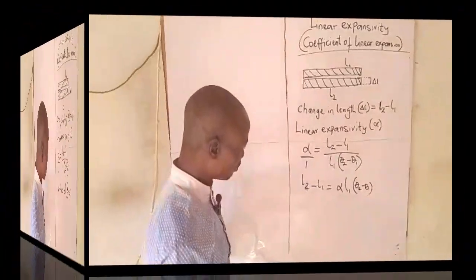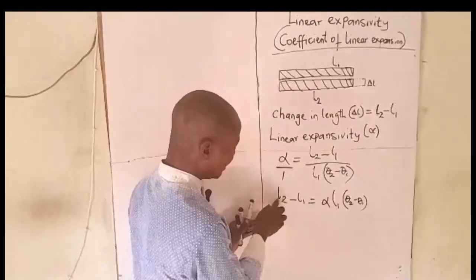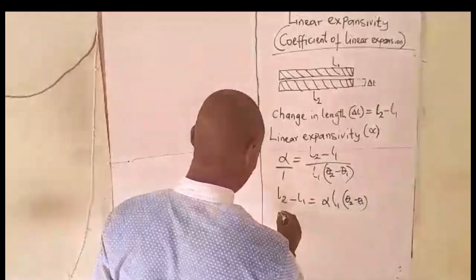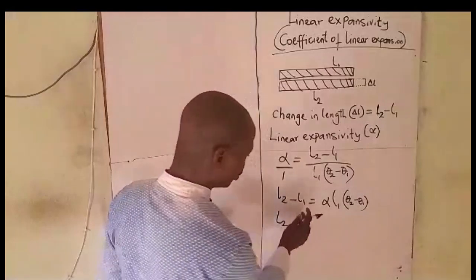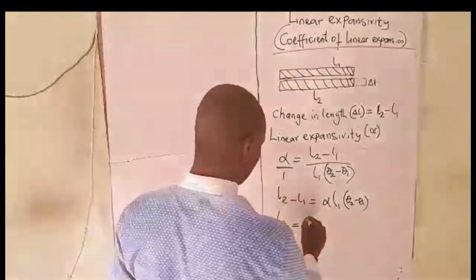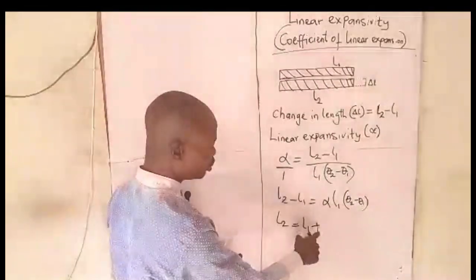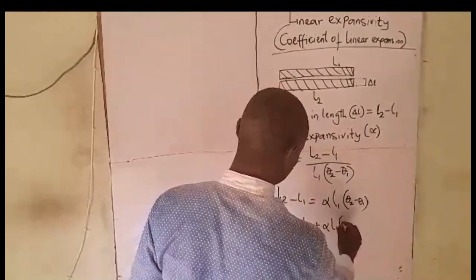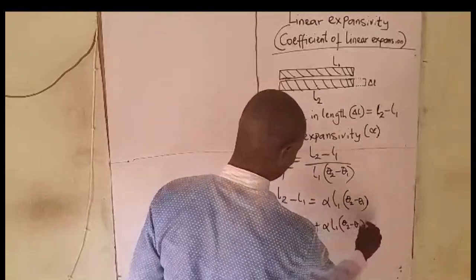Now, what do we do next? We try to make L2 the subject. So doing that, we have L2 is equal to, taking L1 to the right hand side, it becomes L1 plus, changing from minus to plus, alpha L1, then theta 2 minus theta 1.